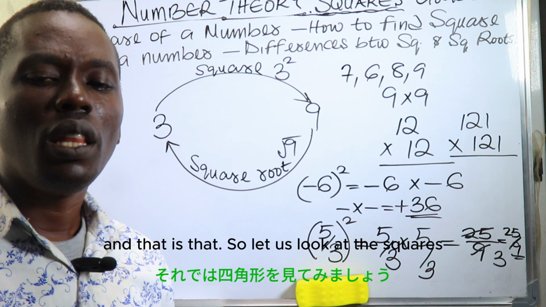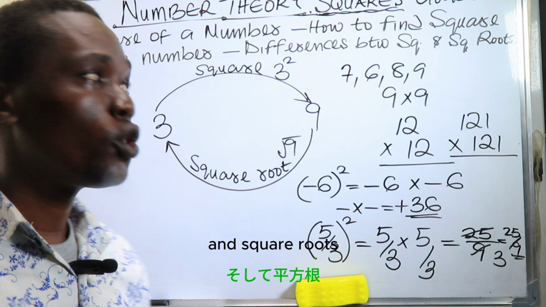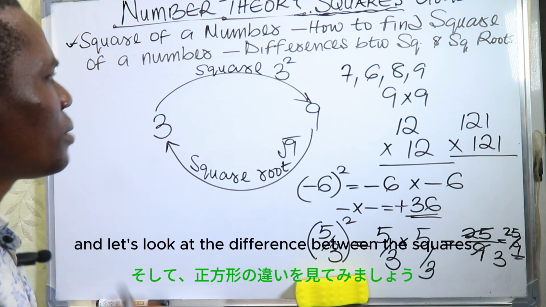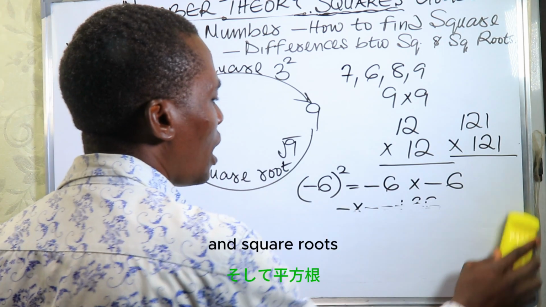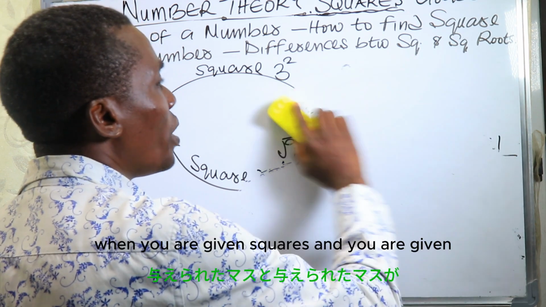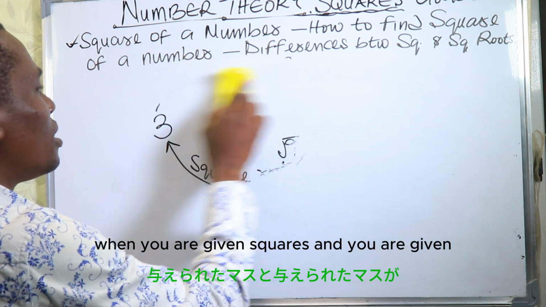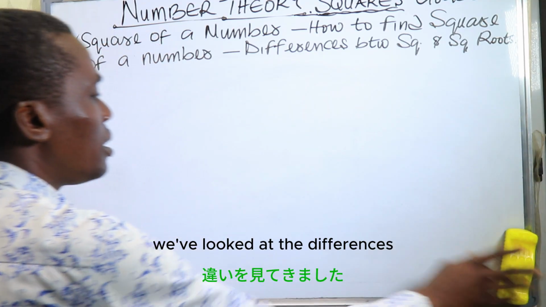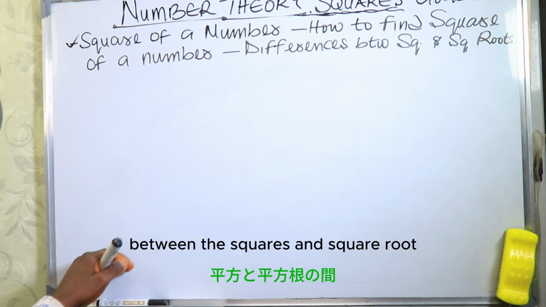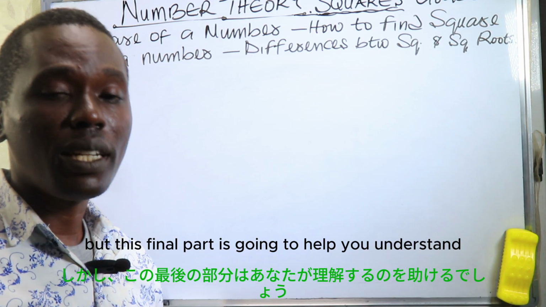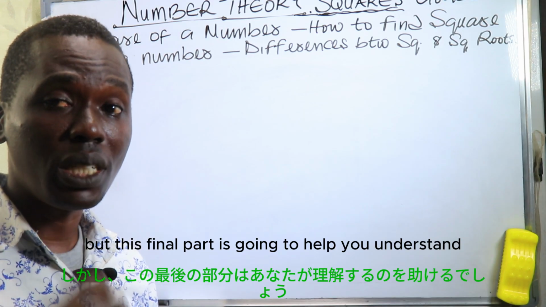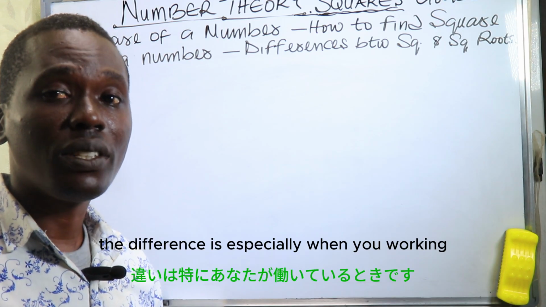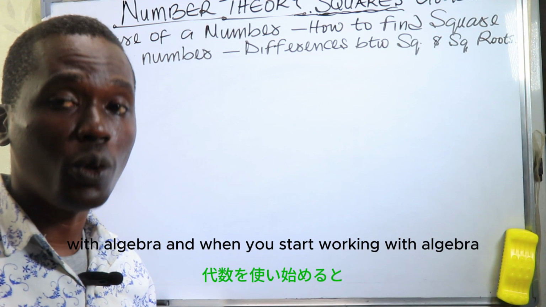So let's look at the difference between the squares and square root. Although in all our lessons we've looked at the differences between the squares and square root, this final part is going to help you understand the differences, especially when you're working with algebra.